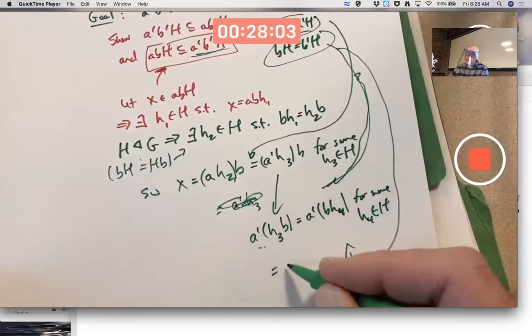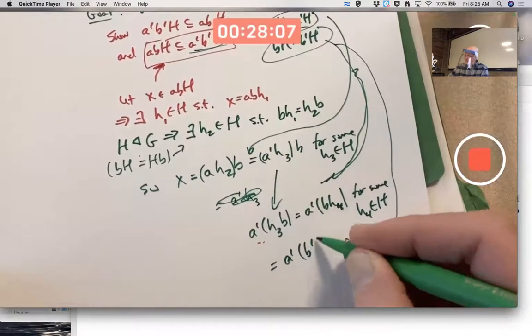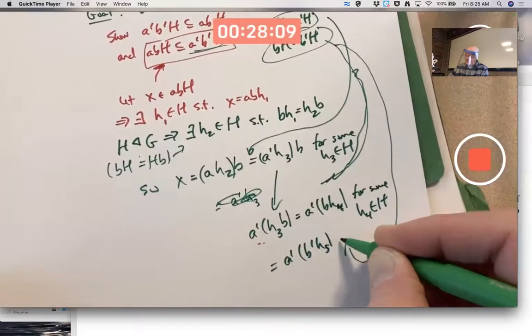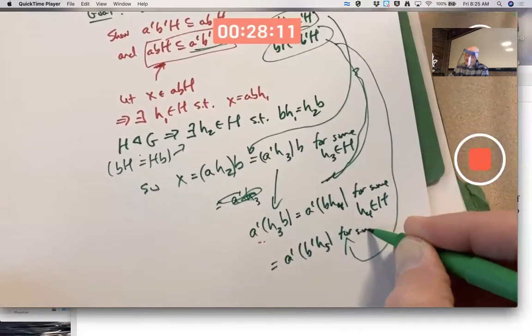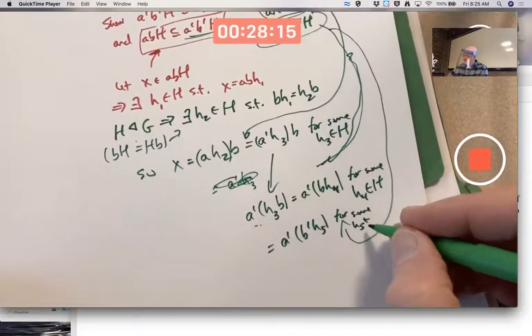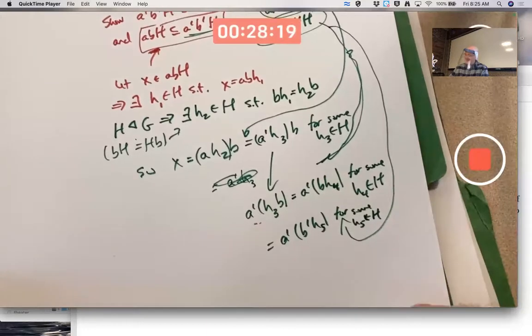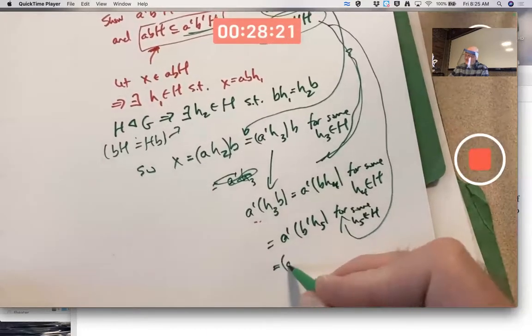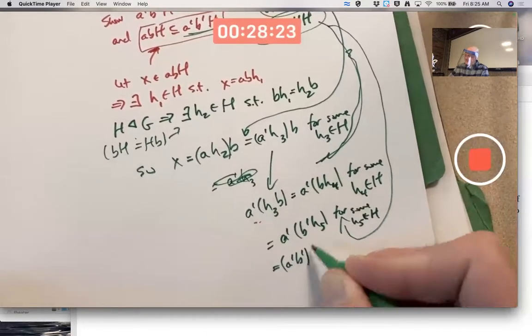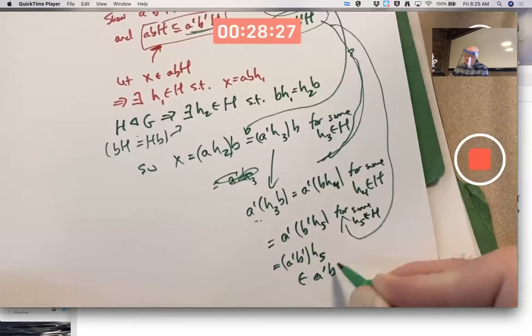I can say BH4 equals B prime H5 for some H5. And in going into this, I had no idea that I would have 5 different elements in H to think about there. And this is definitely an element of A prime, B prime, H.